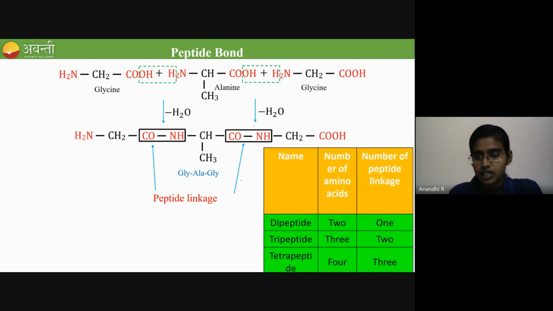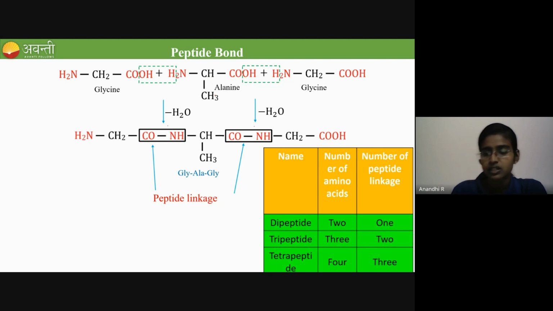So what is a dipeptide? If it contains two amino acids and there is only one peptide bond in it, it is called a dipeptide. Likewise, the two linkages from three amino acids, the one you are seeing on the slide, is a tripeptide.